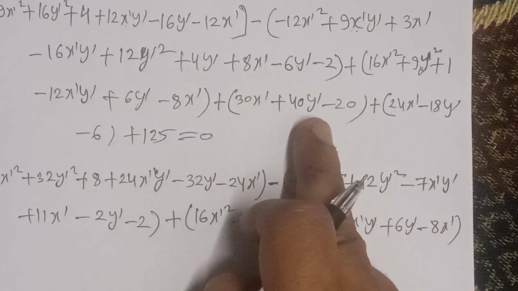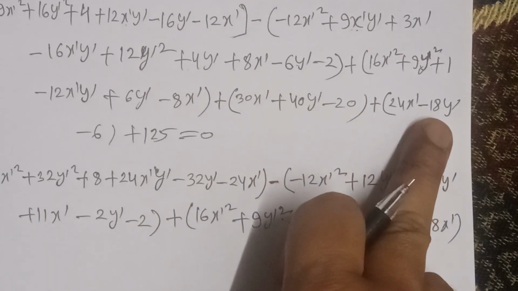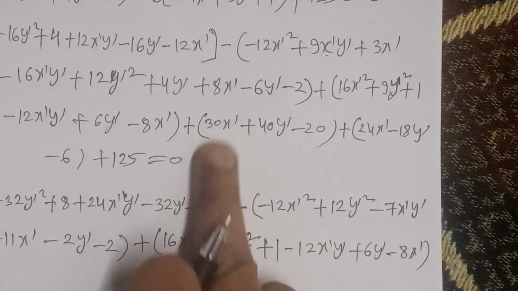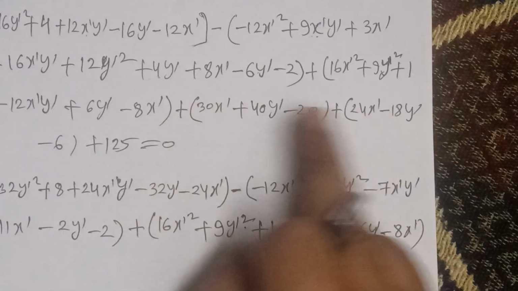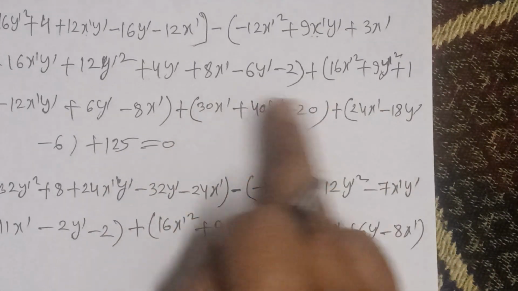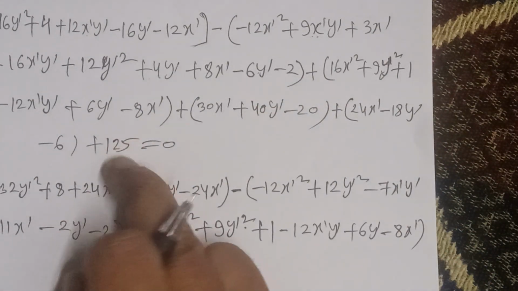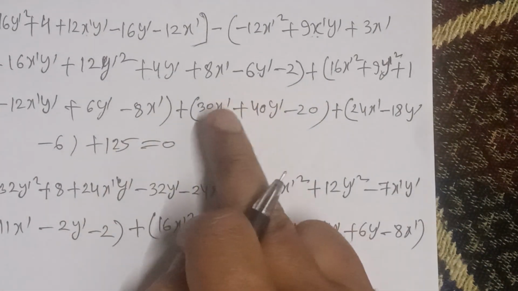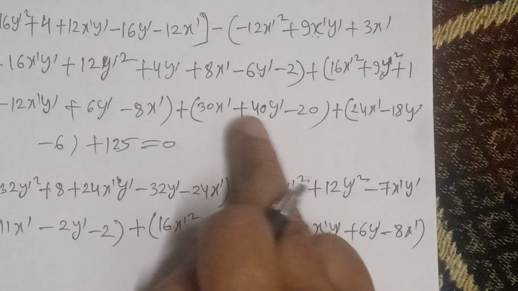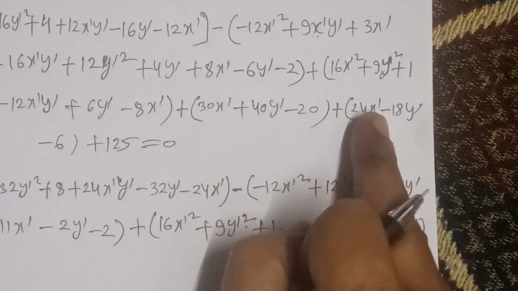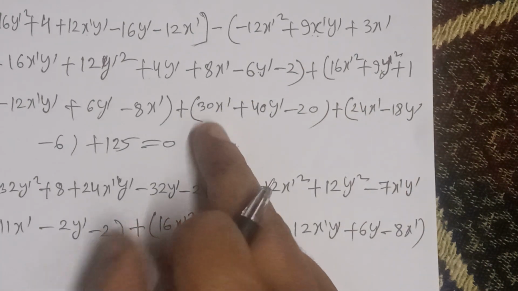After it, all other terms, we can solve these three brackets, two brackets, and this is constant. I want to calculate these or summarize this or collect the coefficient of this.